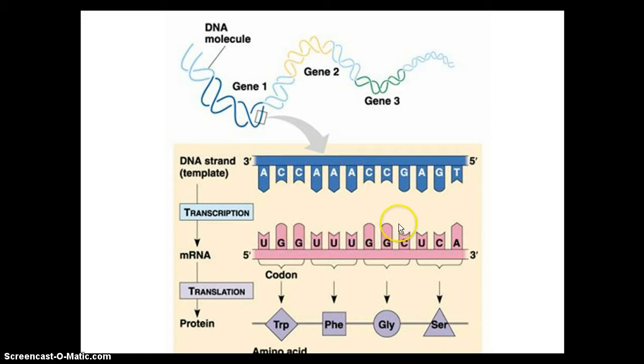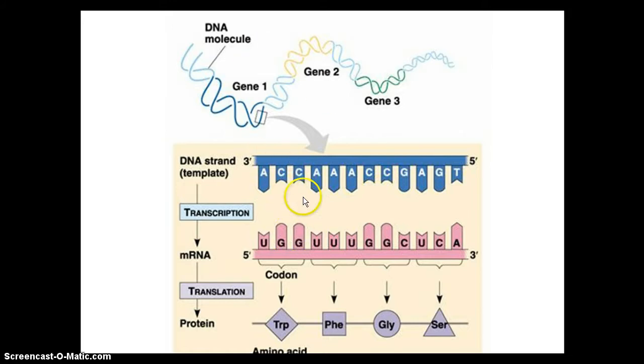And please remember, it's very important, that if your DNA strand has adenine, the complementary mRNA will be uracil, U. So if you have A as your DNA, you're going to have U in your mRNA. And then everything else is the same.